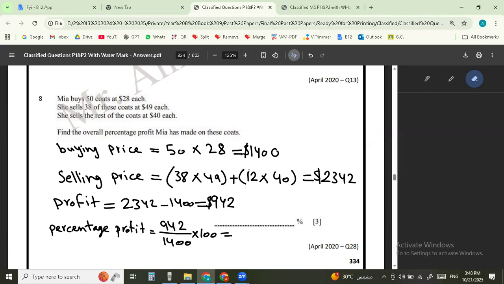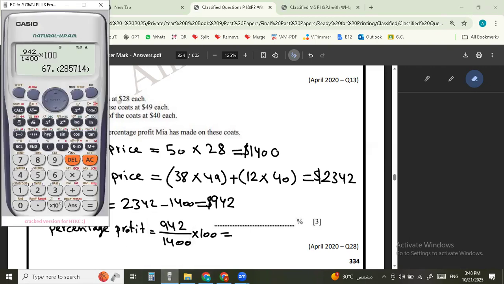Okay, what is the percentage profit? The percentage profit is 942, which is the profit itself, over the cost, which is 1,400, multiplied by 100, because they wanted the percentage. And we agreed, if you're going to calculate the percentage of something, you're going to need to multiply by 100.